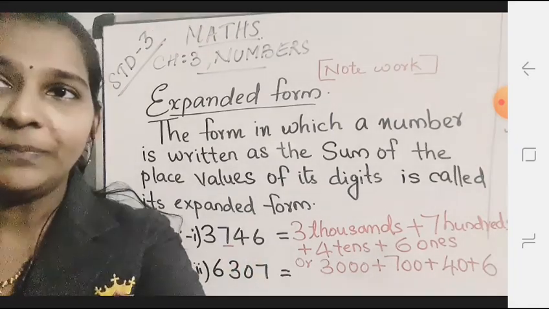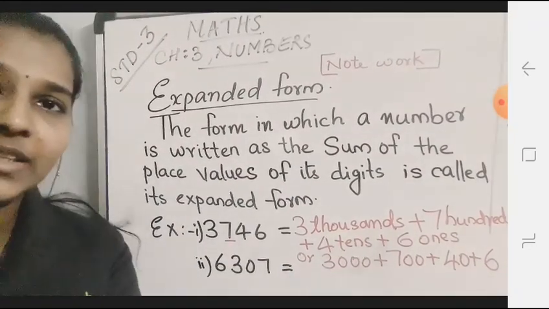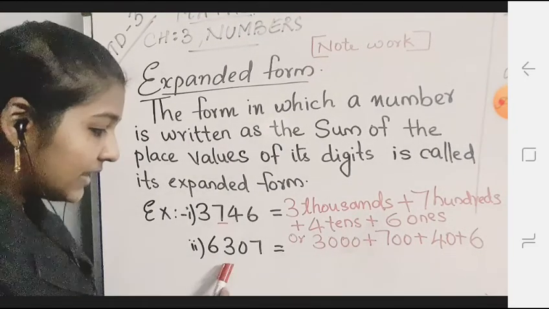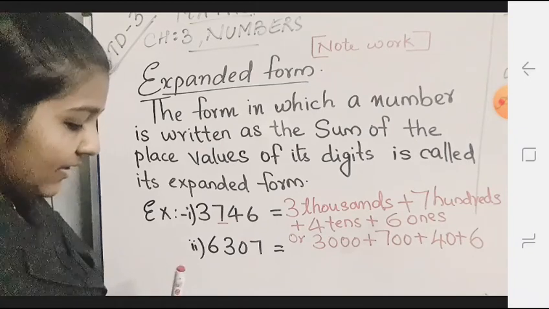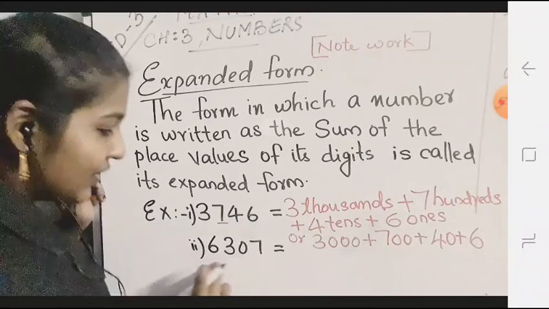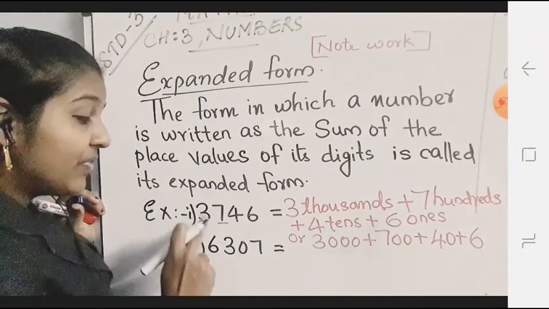Clear, children? Okay, now look at the next question, that is 6,307. So how to write this number? First you write with the place value, that is 6 is in thousands place.